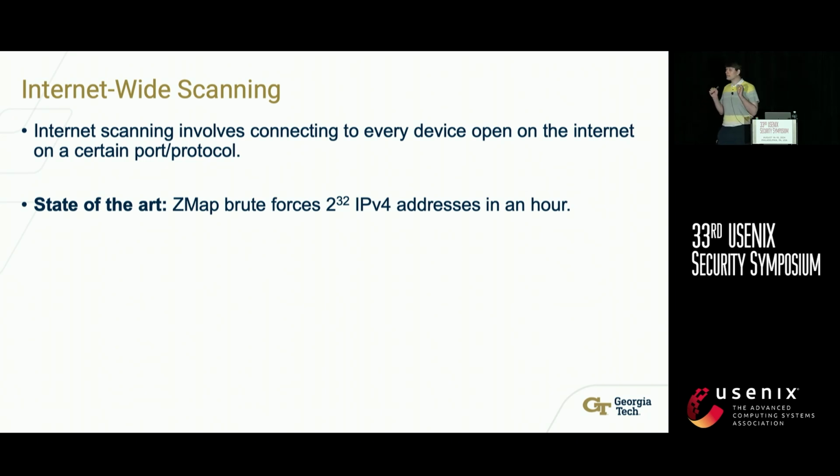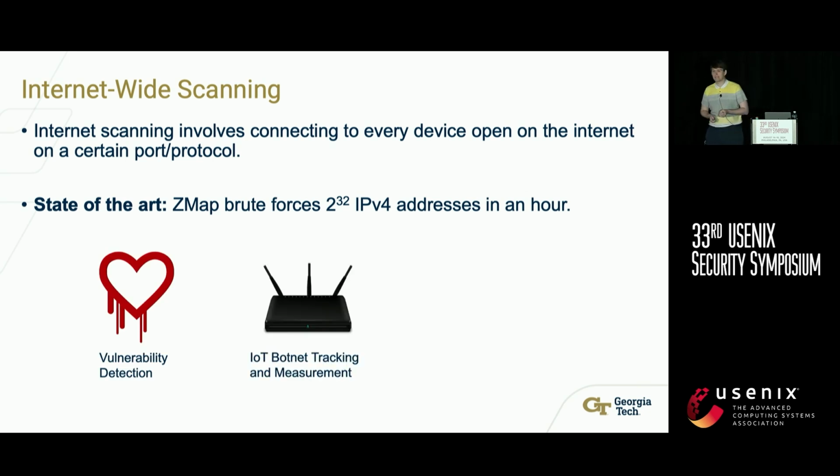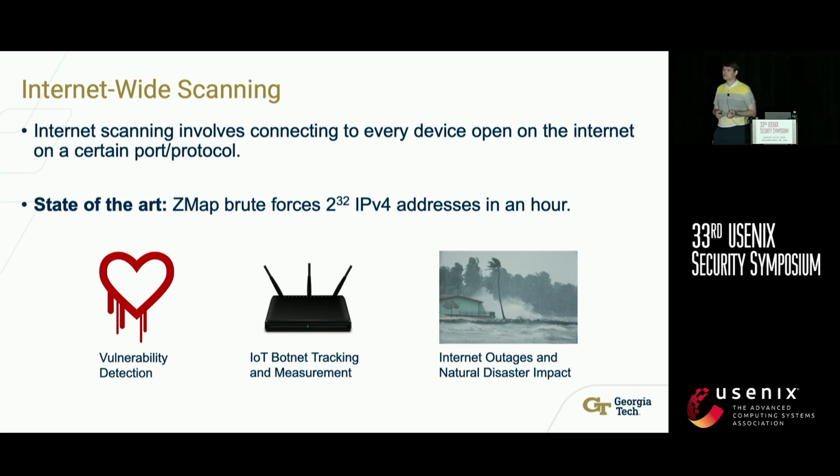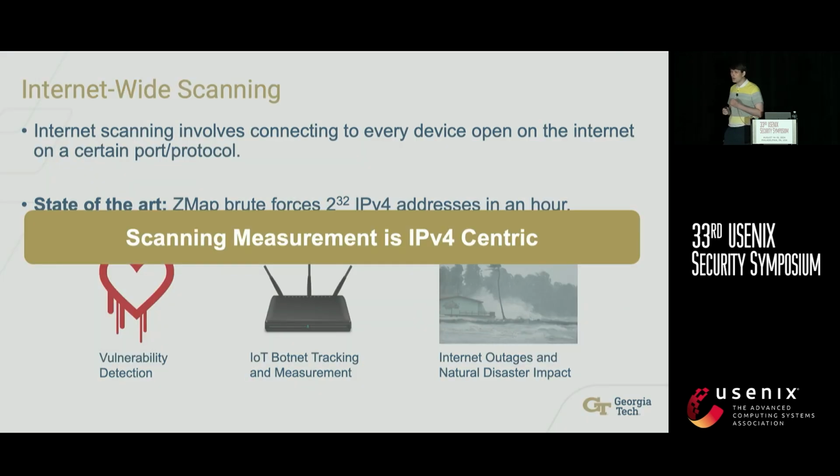That has made a lot of interesting security analysis possible, some of which has appeared in USENIX as well. That includes things from vulnerability detection to IoT botnet tracking and measurement, all the way to tracking internet outages and measuring the impact of natural disasters. So this is all very important security analysis. Unfortunately, it's all been very IPv4 centric up until now.